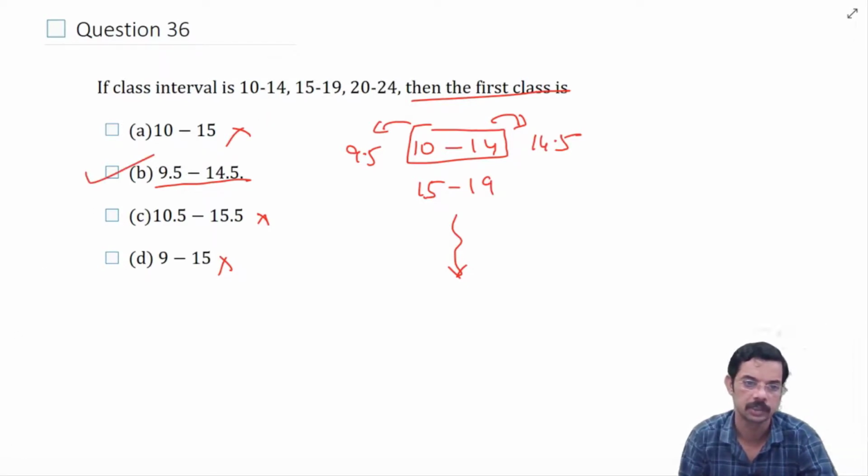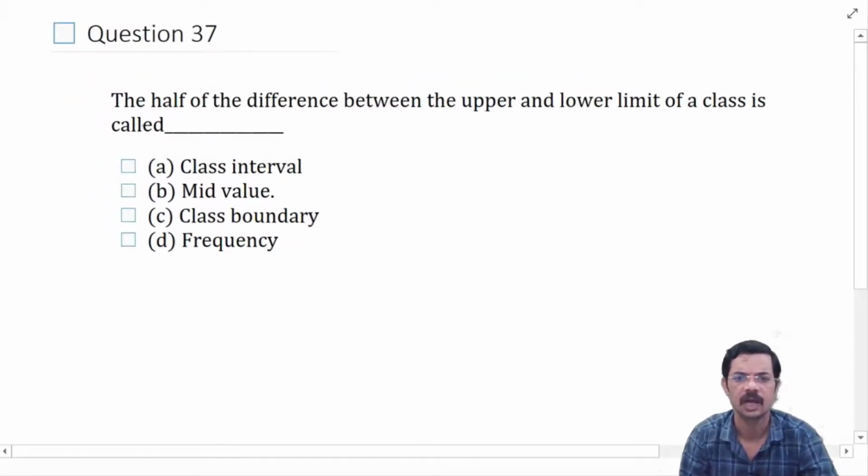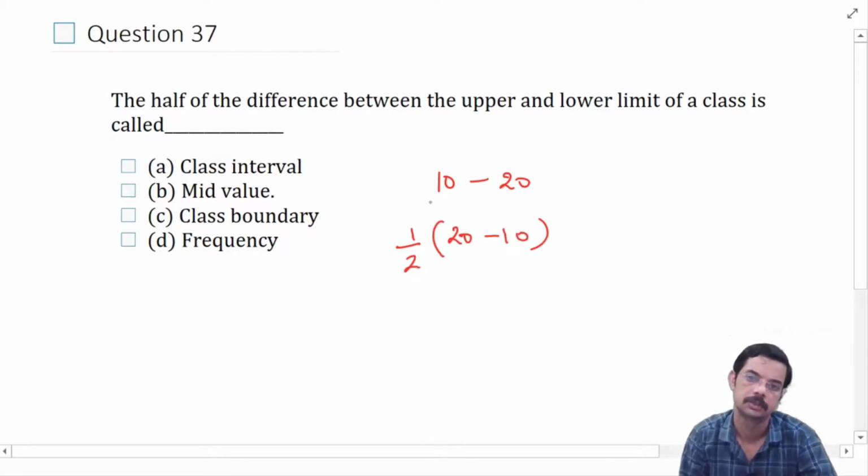Okay, question number 37. Half of the difference between the upper and the lower limit of a class is called what? See, there is a class given, say 10 to 20. Half of the difference between upper limit and lower limit.